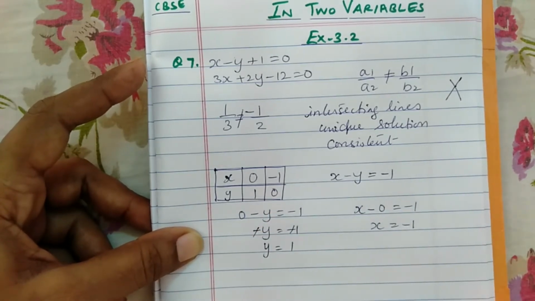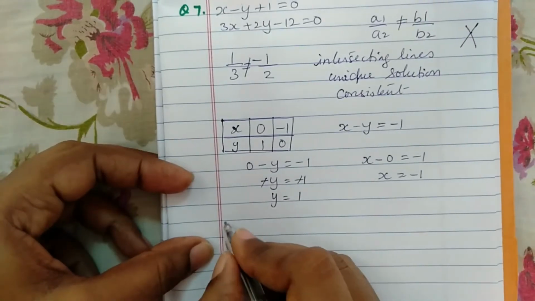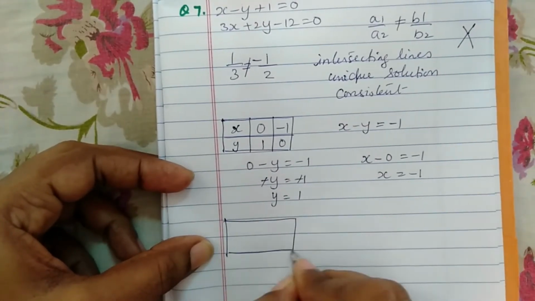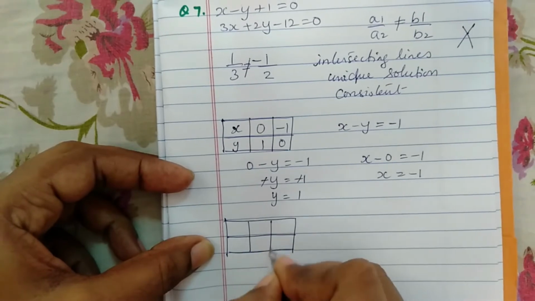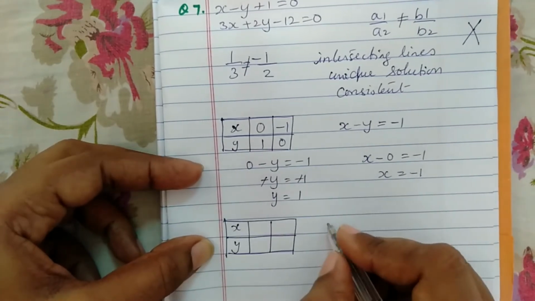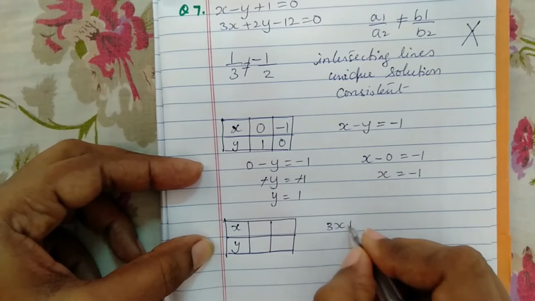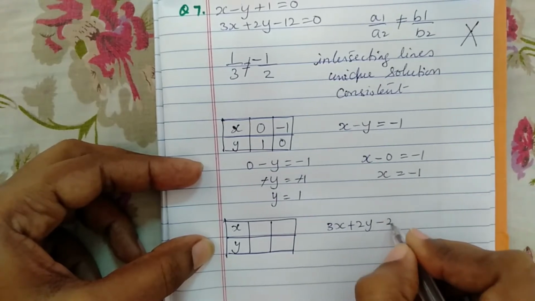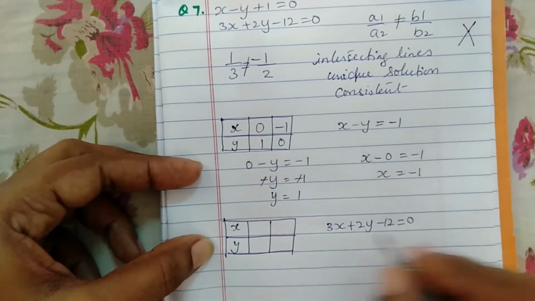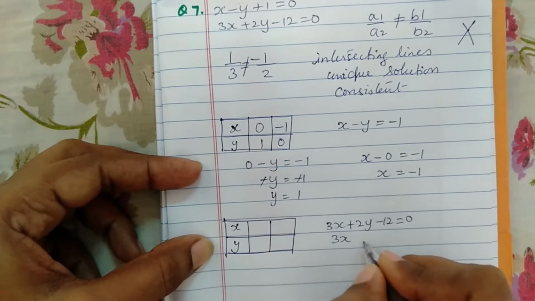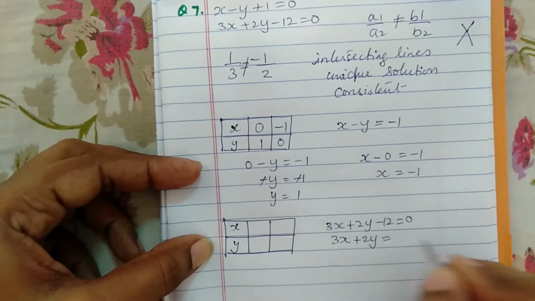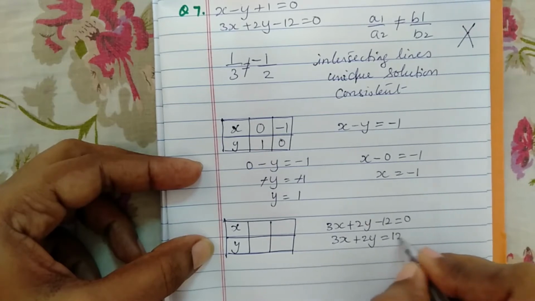Okay, now the table for the second equation, x and y. Second equation is 3x plus 2y minus 12 is equal to 0. So change it to 3x plus 2y is equal to minus 12 becomes plus 12.